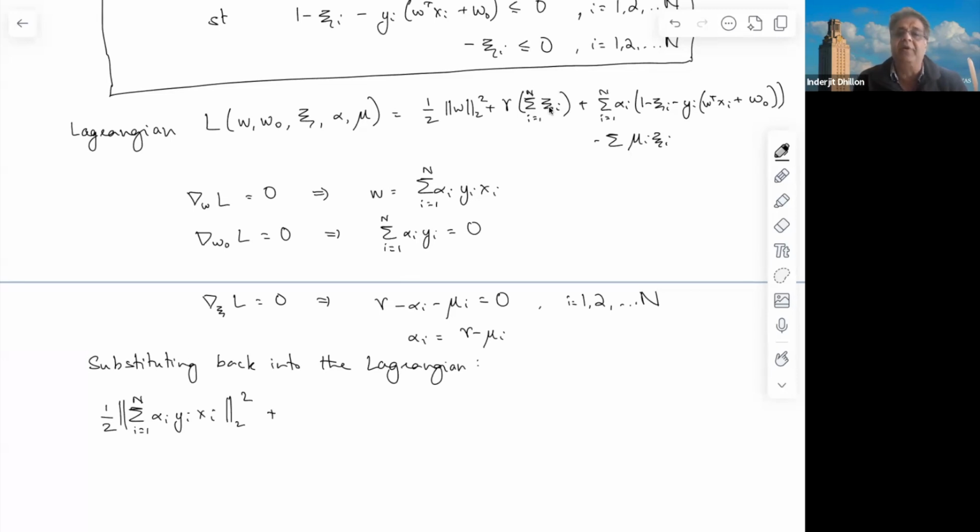So I have summation of psi I have gamma, and with each psi I have minus alpha I minus mu I. So I basically have summation of psi I times gamma minus alpha I minus mu I.